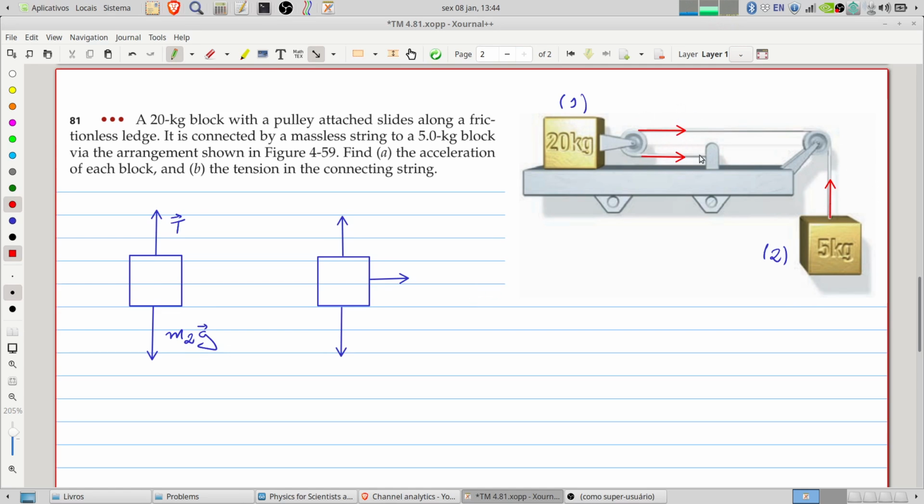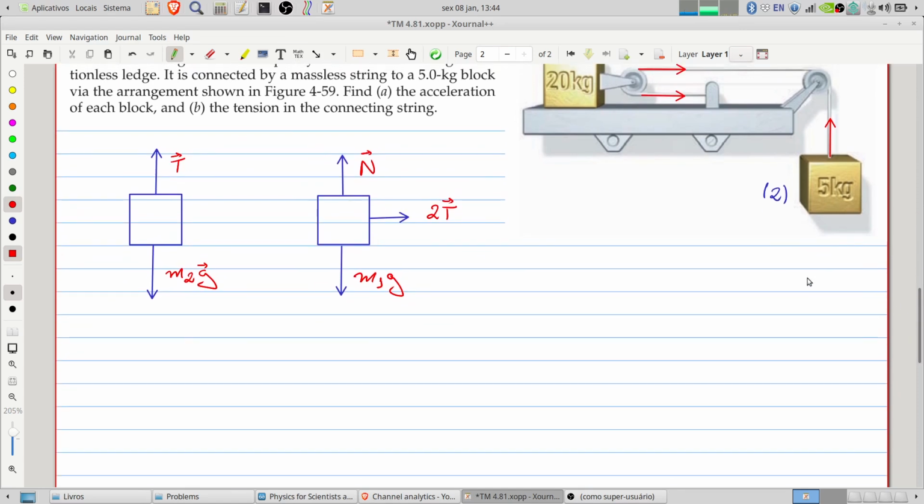So we can write here 2 times T. Let's put it all in red. It's better. Okay. And m1 times g, the weight, and here the reaction of the surface.